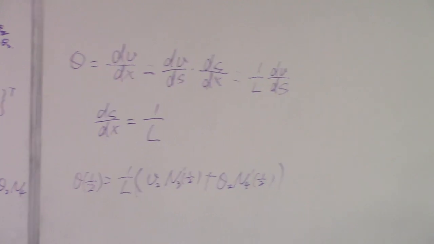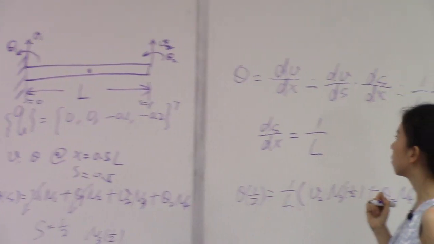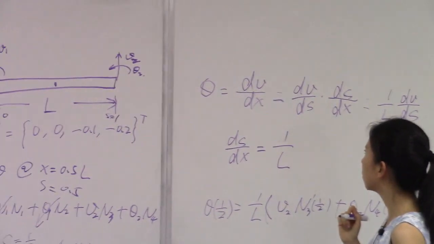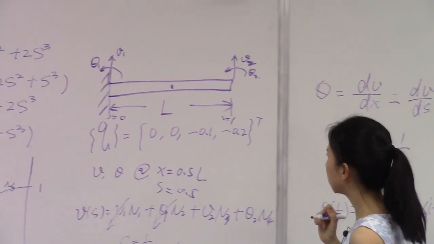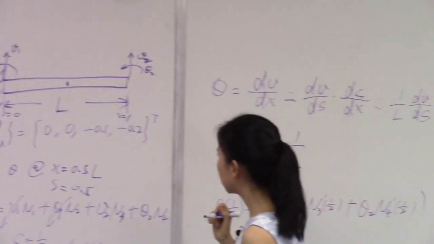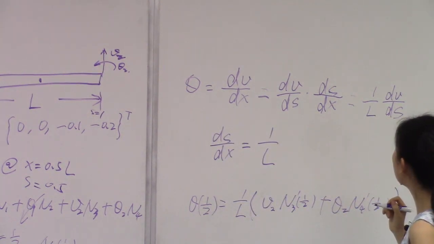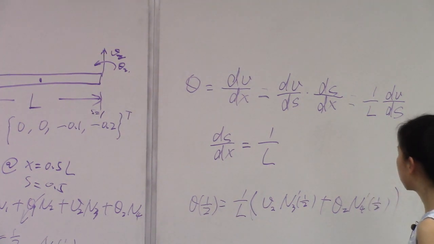Any question here? On the top equation on the right-hand side of the board, the third derivative from the left, what is that symbol? Theta is equal to dv dx, which is equal to dv over ds times ds over dx? Yeah.